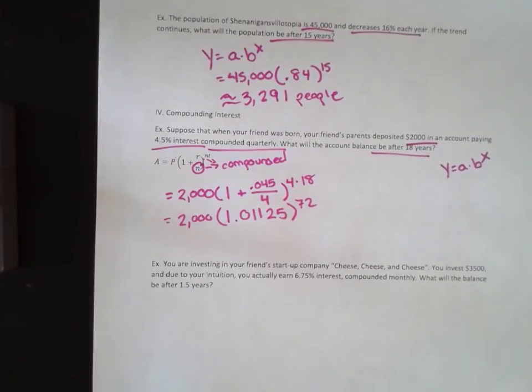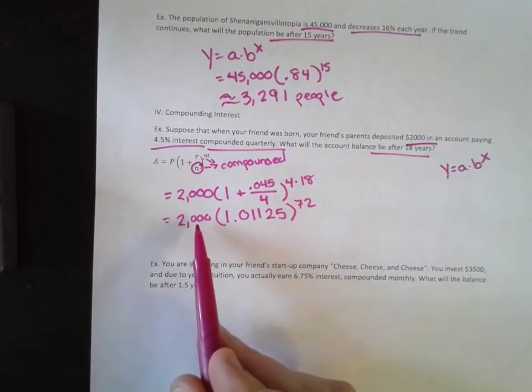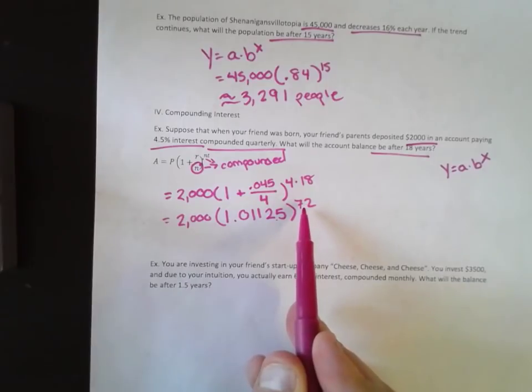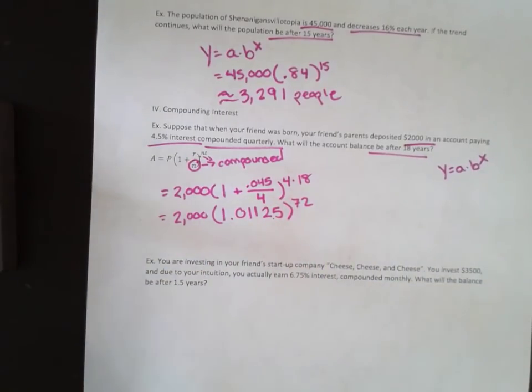This looks exactly like y equals a times b to the x now. Again, y equals a times b to the x. We just had some slight work beforehand. So I'm going to raise that value to 72. And then I'm going to multiply that number times 2,000.